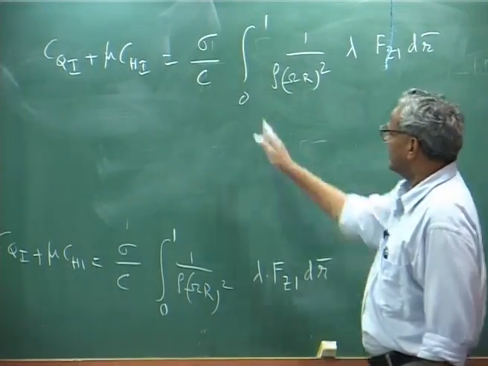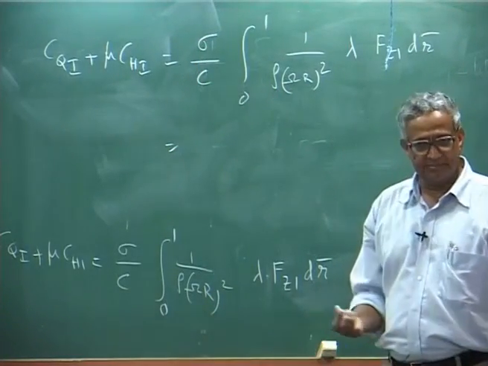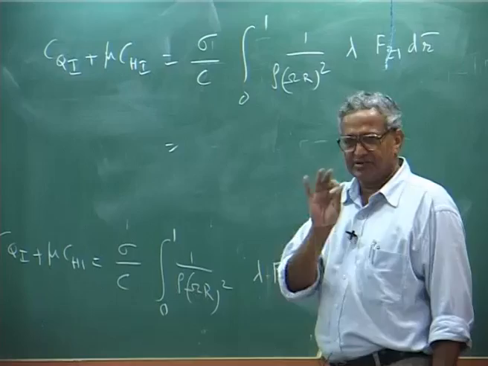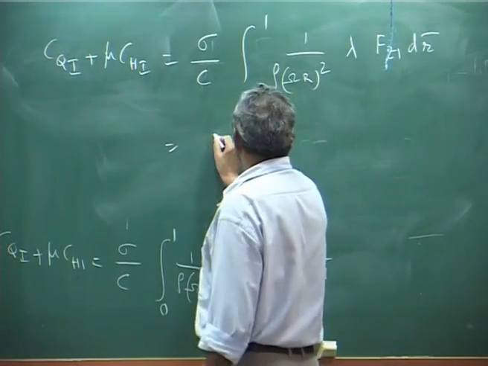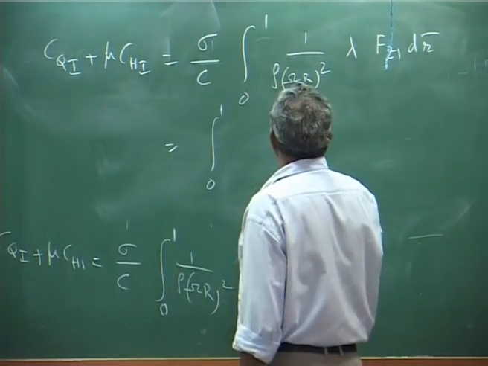Let us take sigma as N C by pi R, N C R over pi R square, you take it like that. So let me put it this way, 0 to 1, I will take the C also inside.